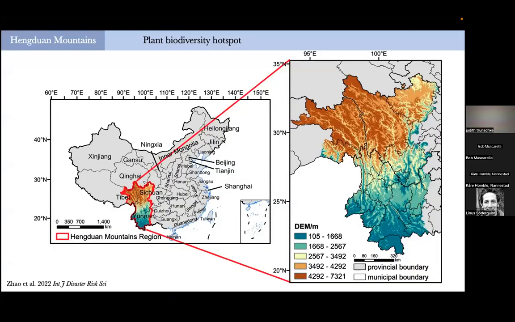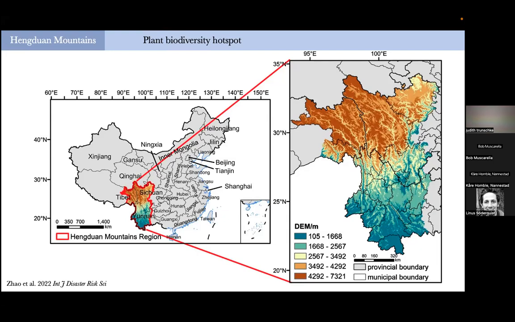Because maybe not all of you know exactly where the Hengduan Mountains are located, I'm just giving a short introduction to where we are in our mind now, where we are moving, and the general settings. The Hengduan Mountains are adjoined to the east of the Himalaya, south of the Qinghai Tibetan Plateau, and stretch across most of Yunnan and Sichuan province.